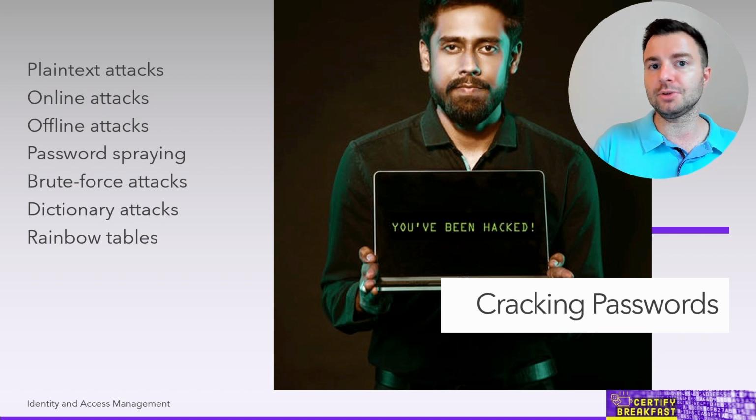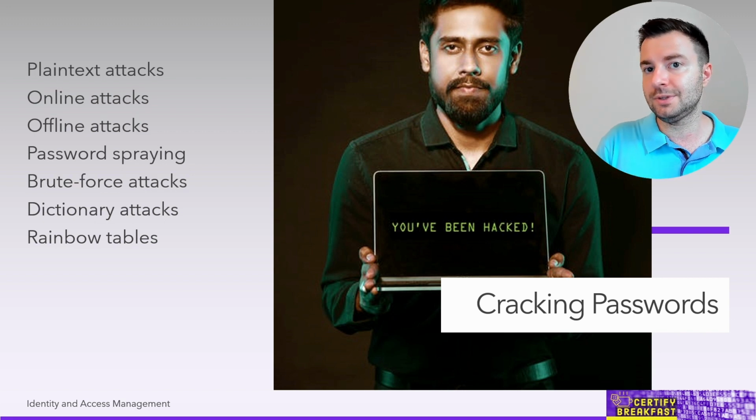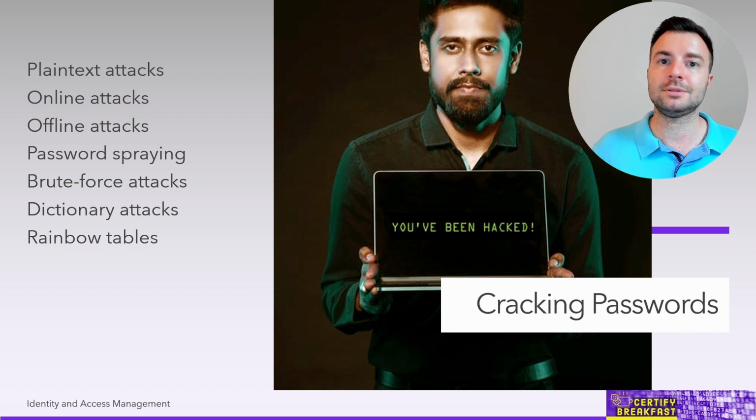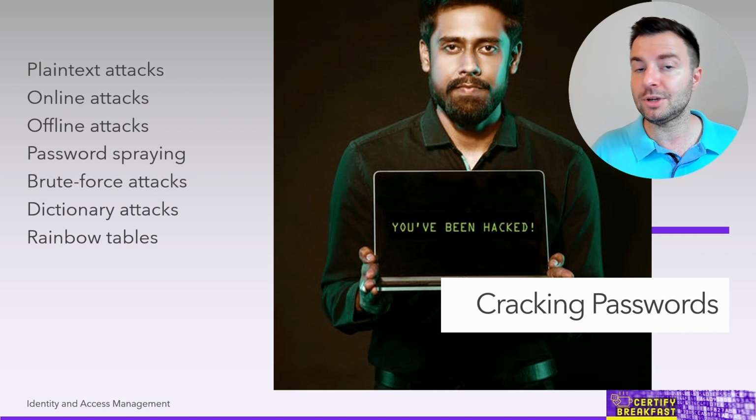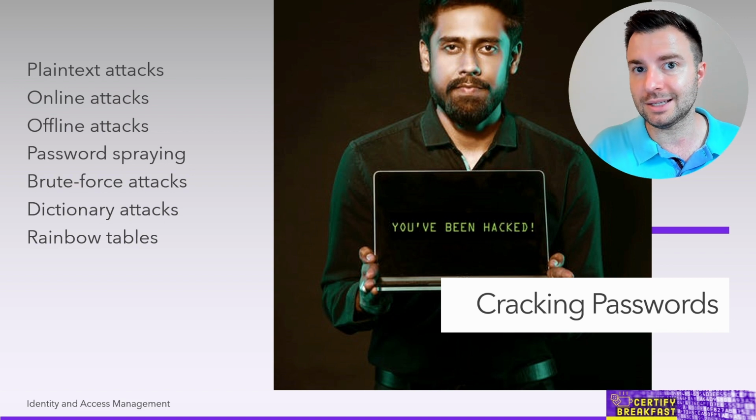Calculate them all, generate all those combinations, and then calculate the hash of that result. Store those hashes in a database, and there you have your rainbow table. Next, when an attacker gets their hands on a password database from an application or an operating system, all they need to do is now search the hashes from that database inside of this rainbow table, which takes a lot less time. Searching in a database takes a lot less time than building and actually computing that database.